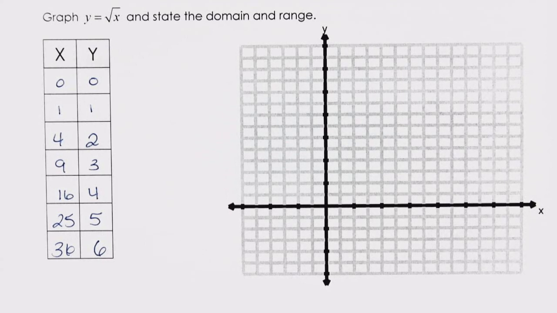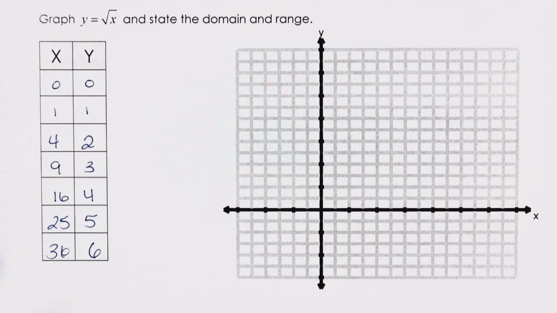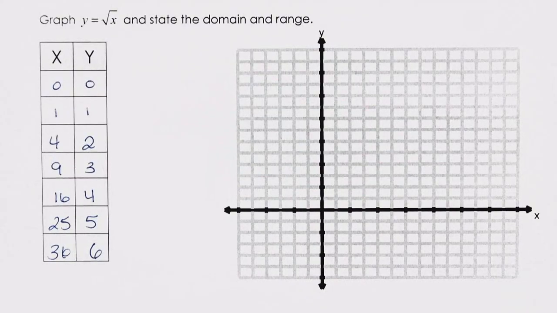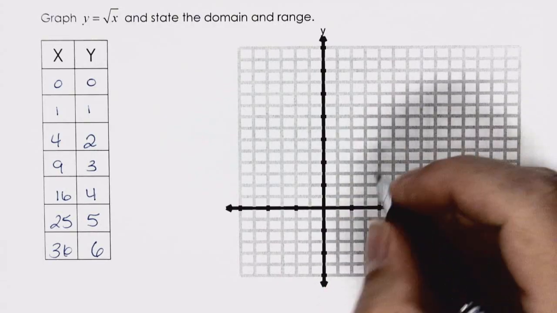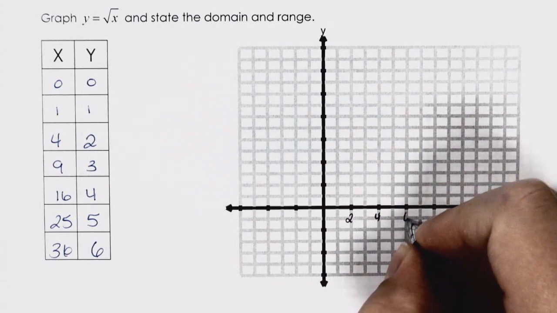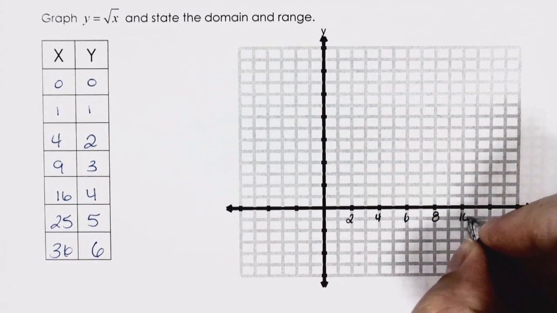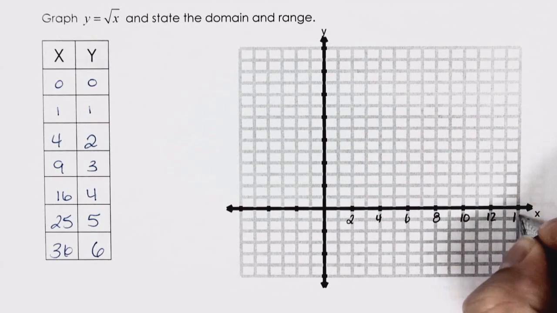Okay, so let's graph this one. I gotta do some increments. Let me grab a different color. So do we have to graph a positive and negative square root for each of these? No, we're gonna go with the positive principal root. Okay? How far do I want to graph? 2, 4, 6, 8, 10, 14.